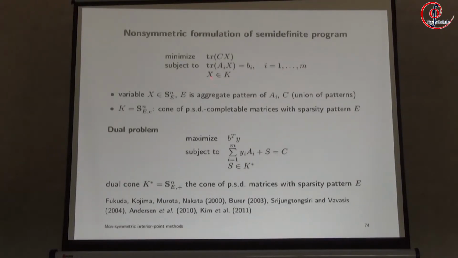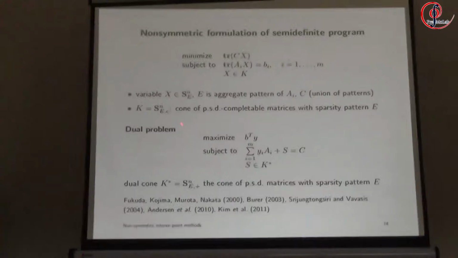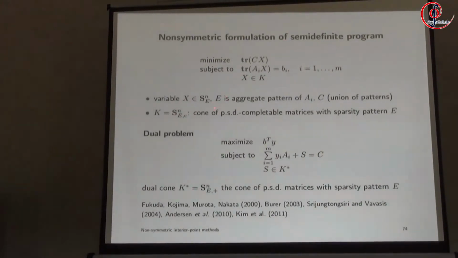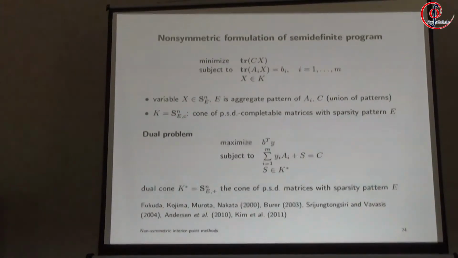So then if you look at the problem, you can see that the only variables in X that are important for the objective and the constraints are those values in positions of non-zeros in E. The rest of X is only needed to make it positive semi-definite. So instead of formulating this as a problem over the full cone of positive semi-definite matrices, take the cone of matrices of sparsity pattern E that have a positive semi-definite completion.